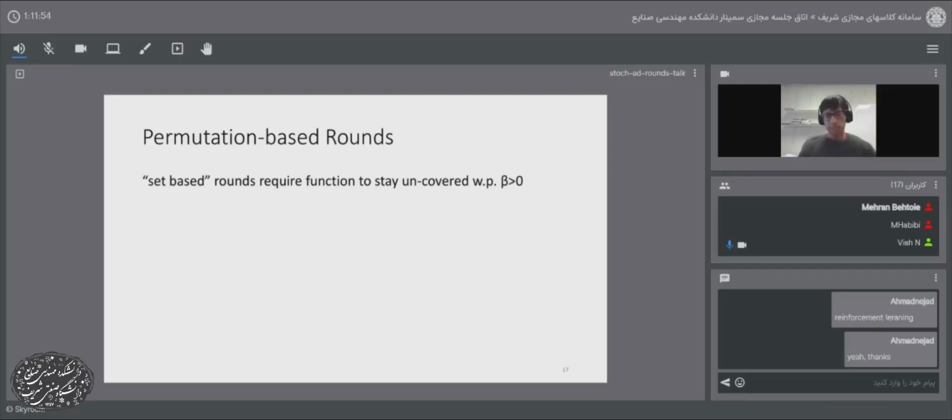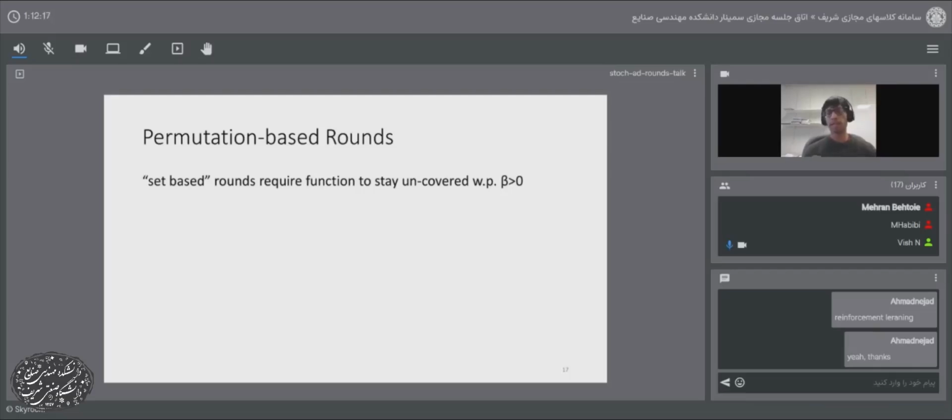So one final thing in the background before we go to our results. So far, we have defined rounds in a set-based manner, where we take a static subset of items to probe in every round. And that is indeed the formulation which is most useful in practice.